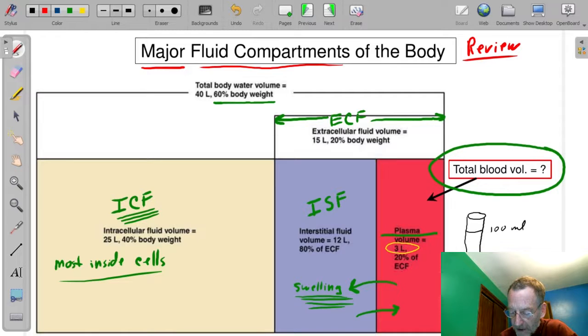We had packed red blood cells, which was our hematocrit. You remember a typical value, ballparking? It's expressed as a percentage of the total volume, typically about 45%-ish.